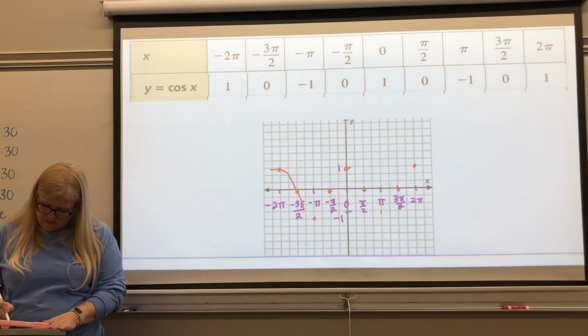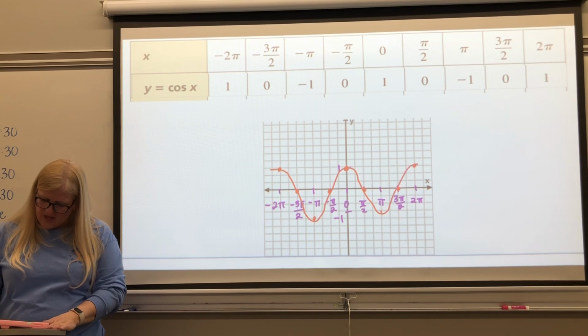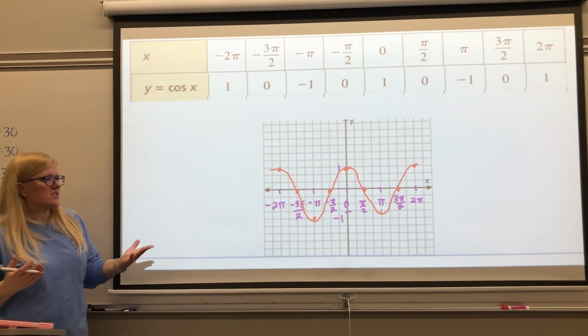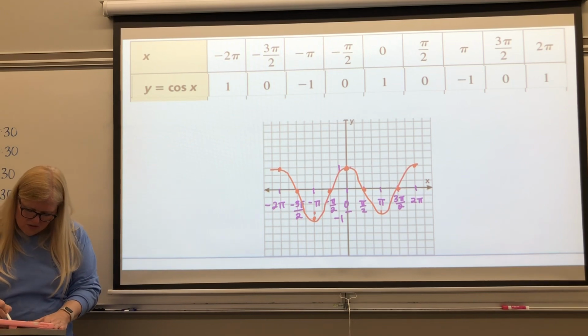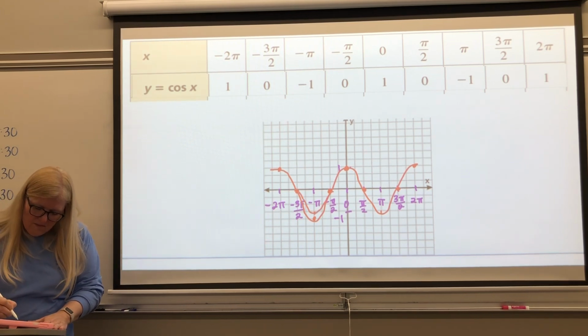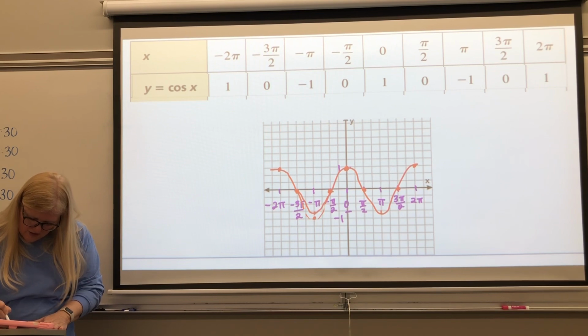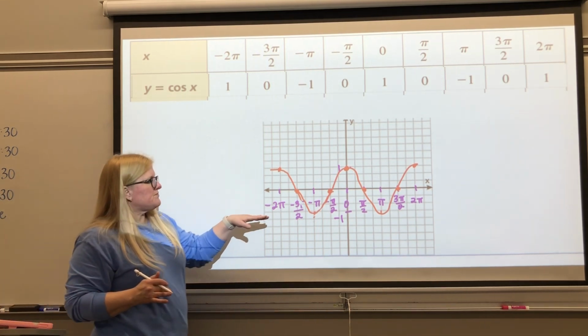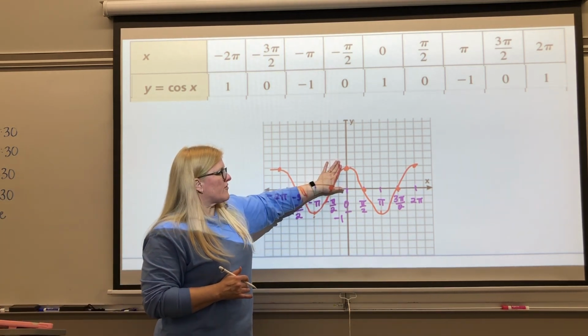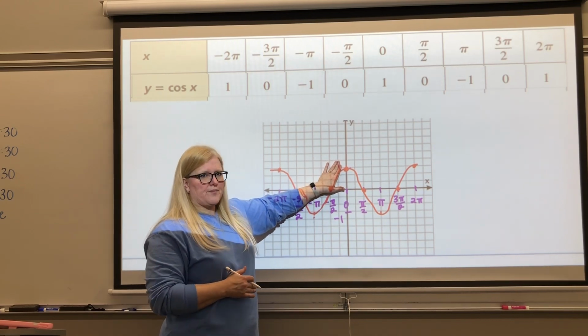So we come down and up and down and up. And it looks like a W. Whoa, I missed something. Oops, I went down too far. There. It looks like a W, but usually we look from 0 on.